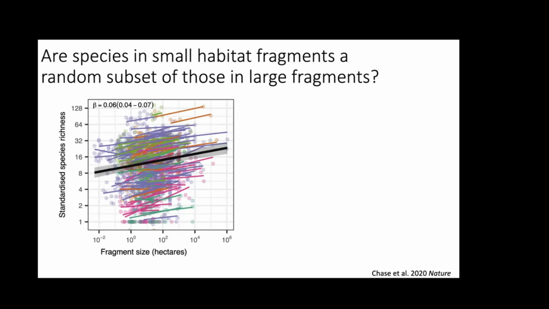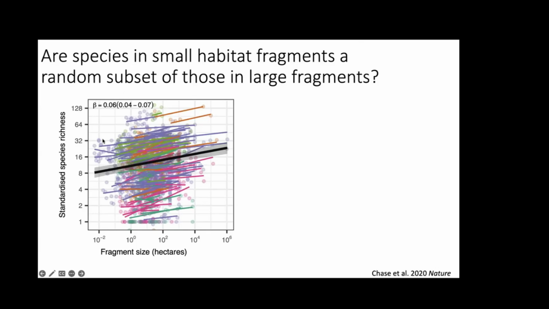And when we put that together with other metrics, numbers of individuals and evenness, or the relative abundance of the species in these communities, we were really able to find that in general, the species in small habitat fragments are not a random subset of those found in large habitat fragments.